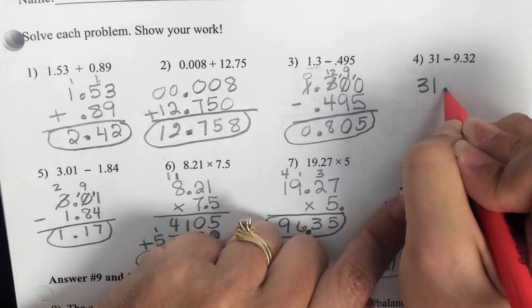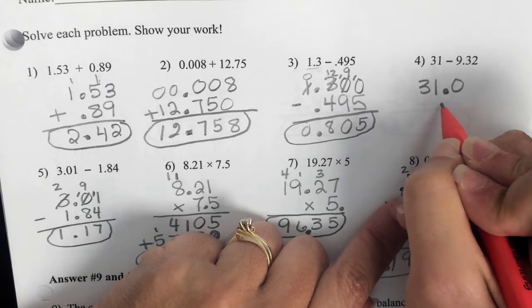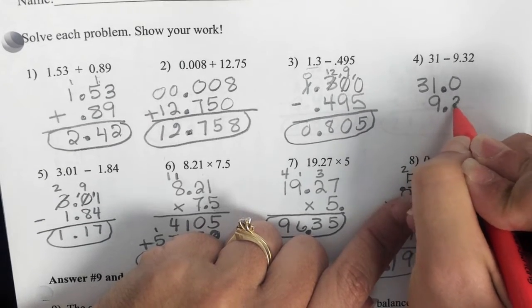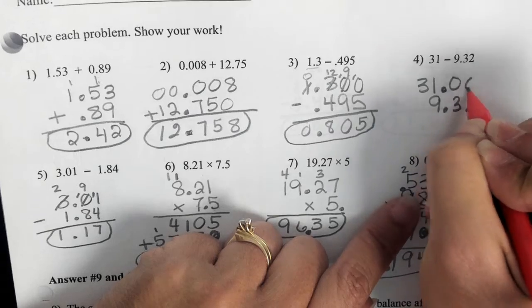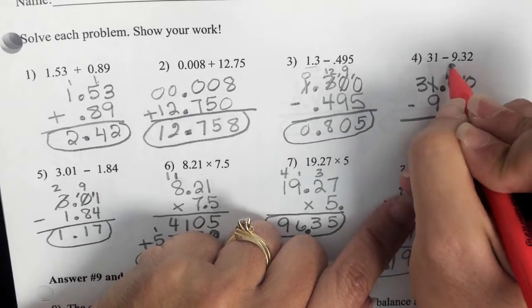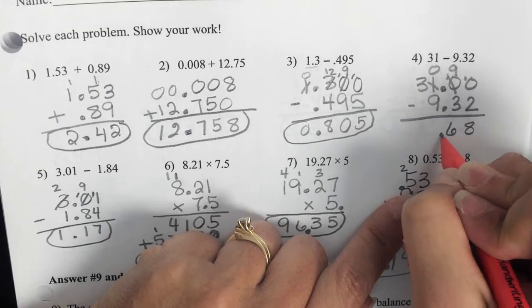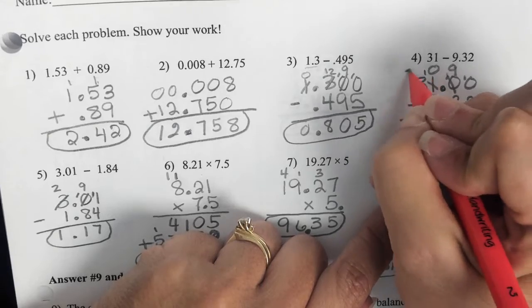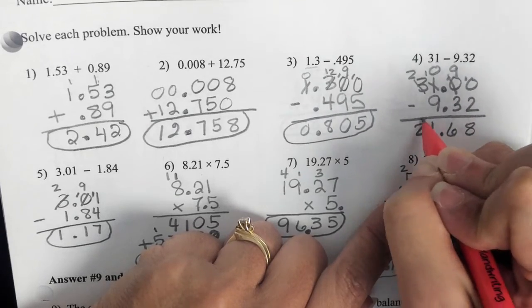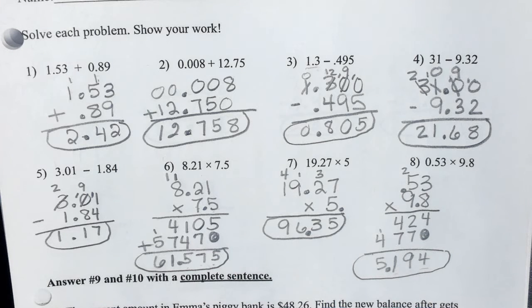Number 4, 31 is 31.0. 9.32. This one is subtraction. Add another 0. Do some borrowing. I got 21.68. Okay.